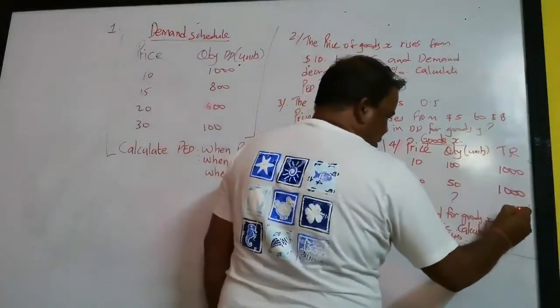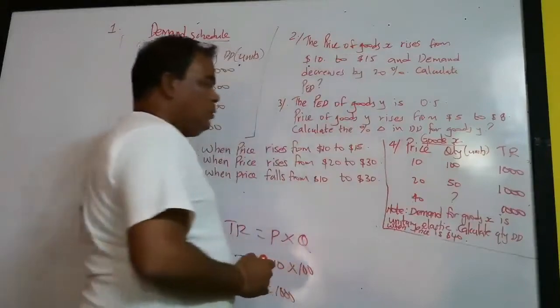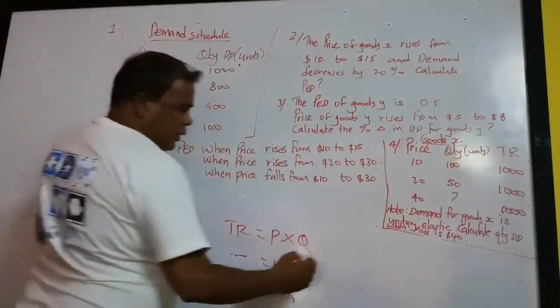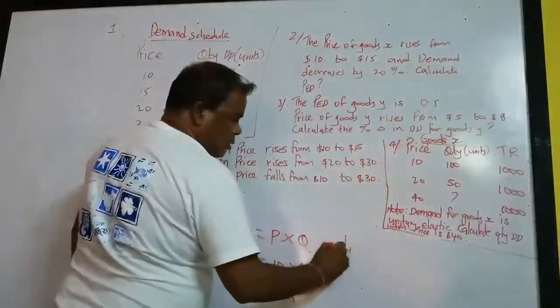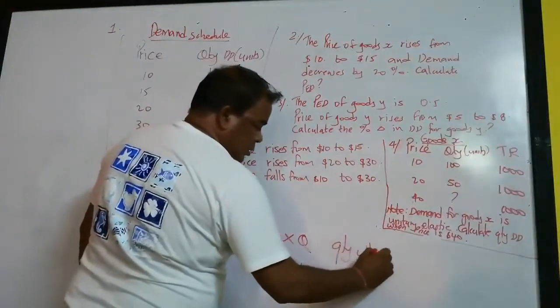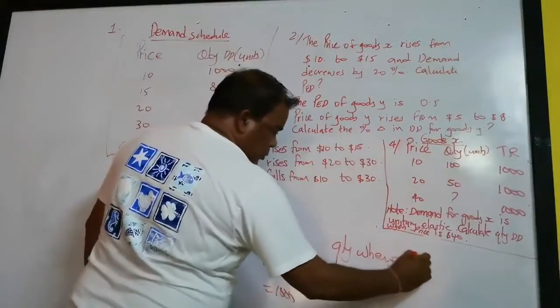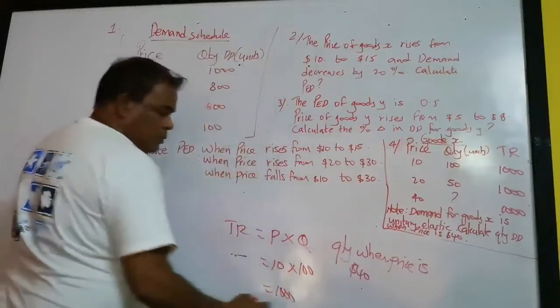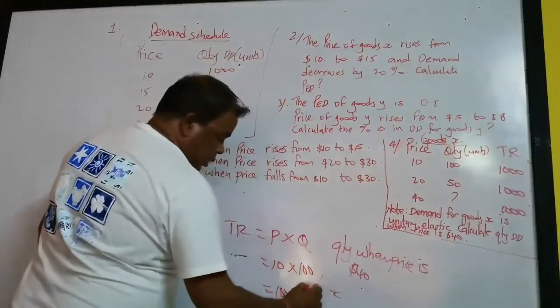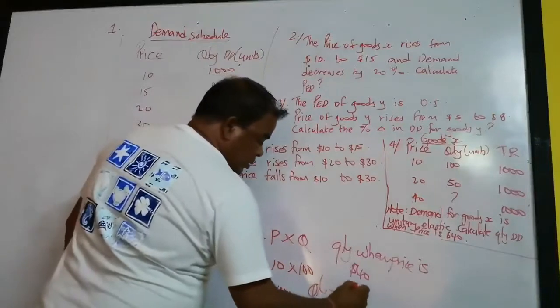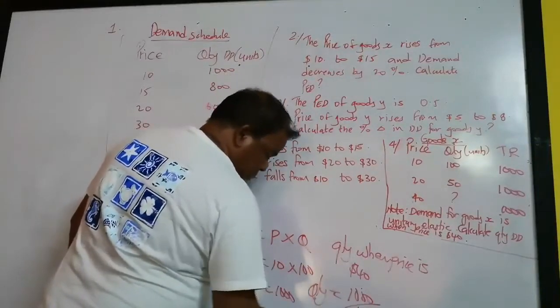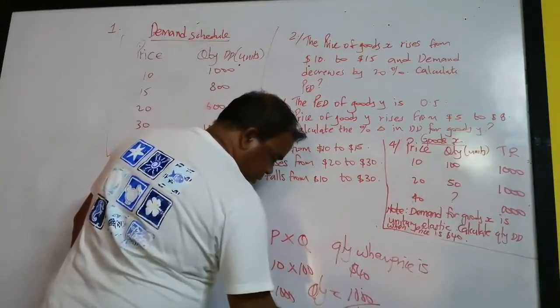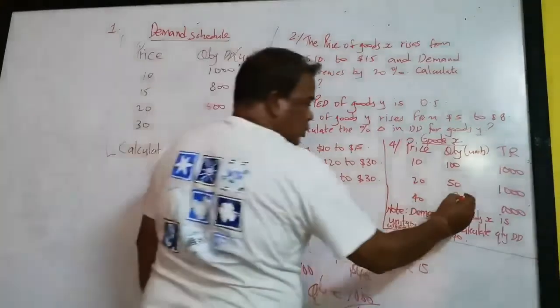Now we can calculate quantity when price is 40. Therefore, quantity will be how much? 1000 divided by 40 gives us 25. Here, the answer is 25.